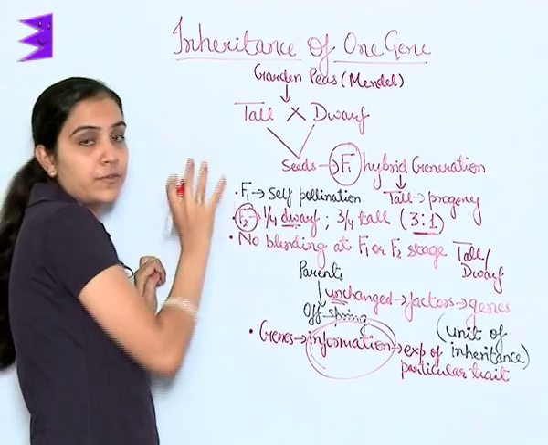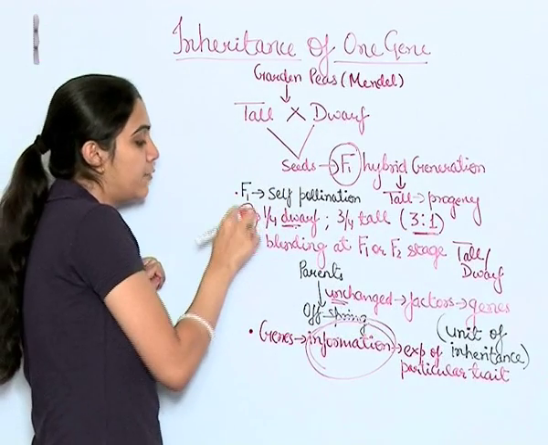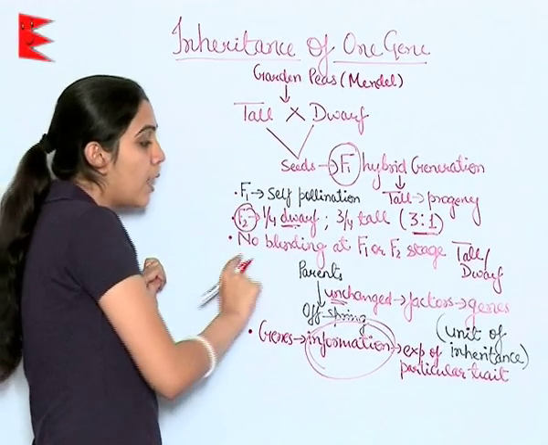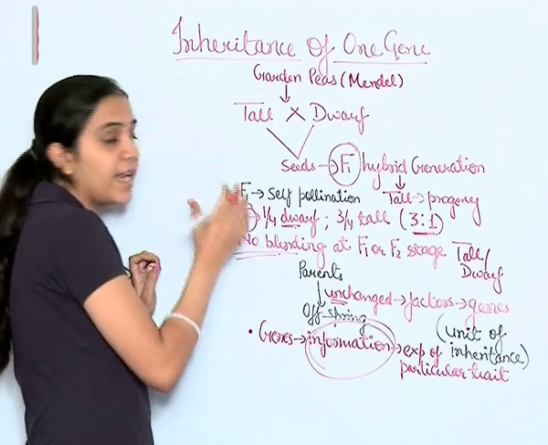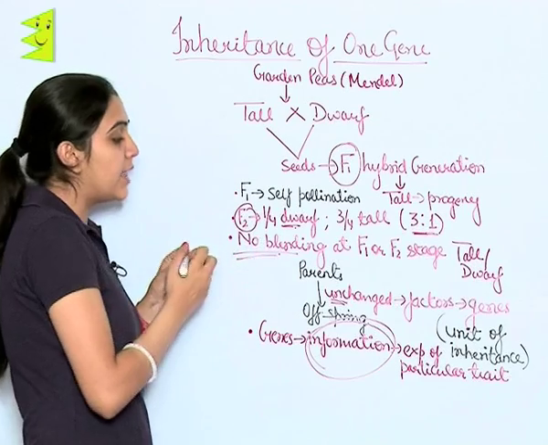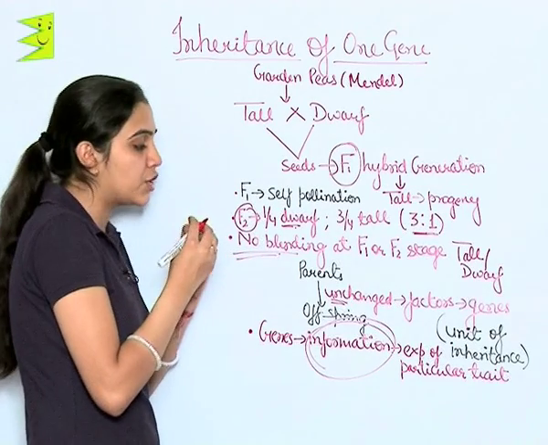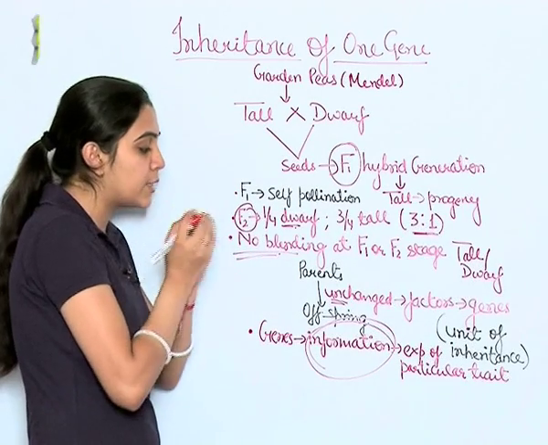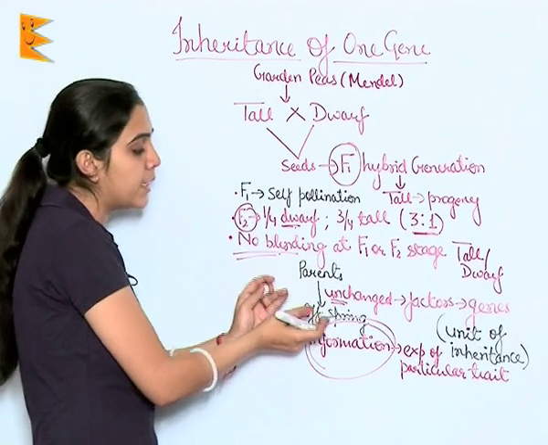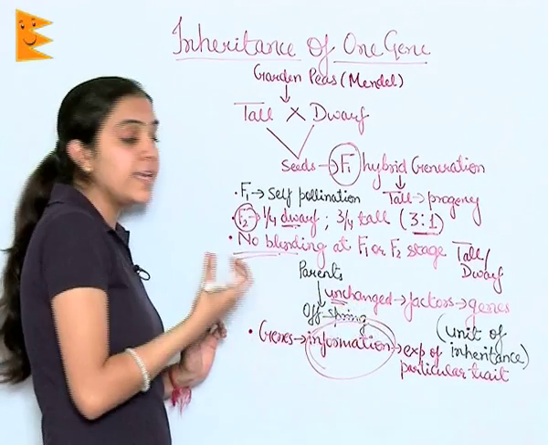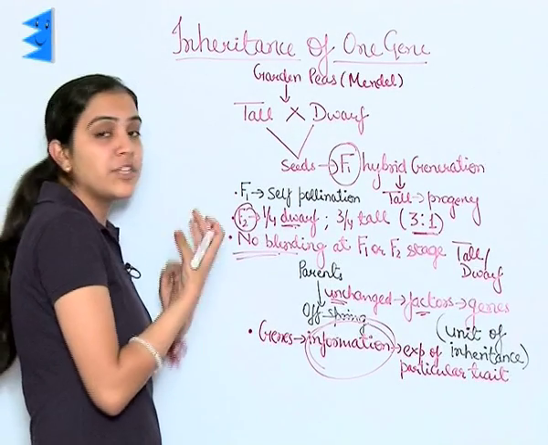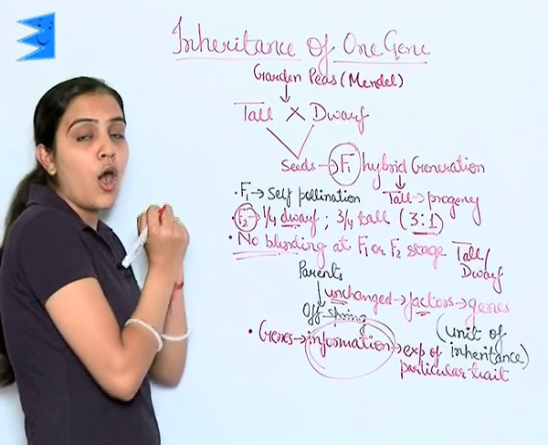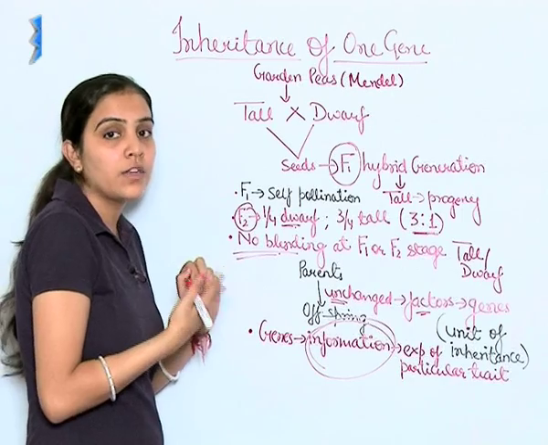That is, the dwarf trait which was not expressed in F1 is now expressed in F2, but at both stages, F1 and F2, there was no blending. Hence Mendel inferred that there is something passed on from parents to offspring unchanged, and he called these factors, which are nowadays known as genes, which store the information for the expression of a particular trait or character.